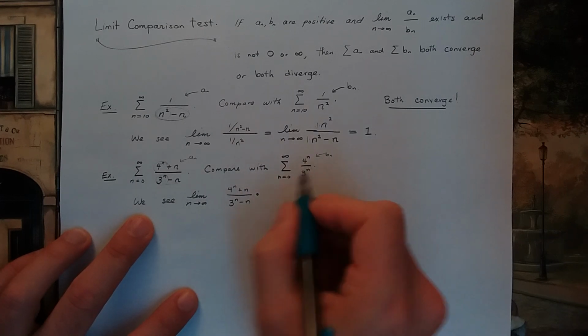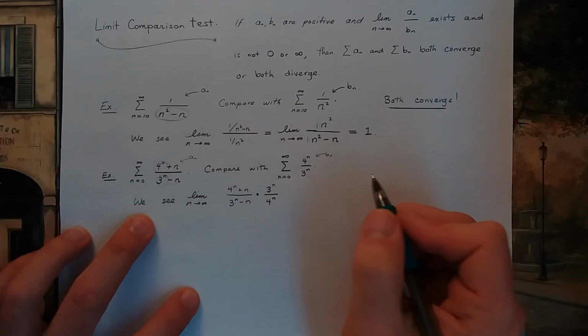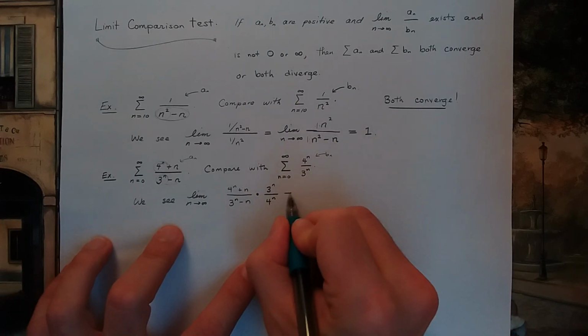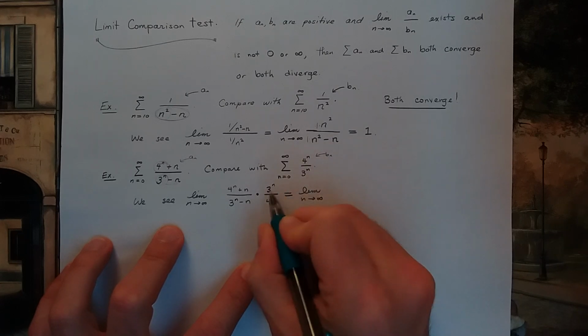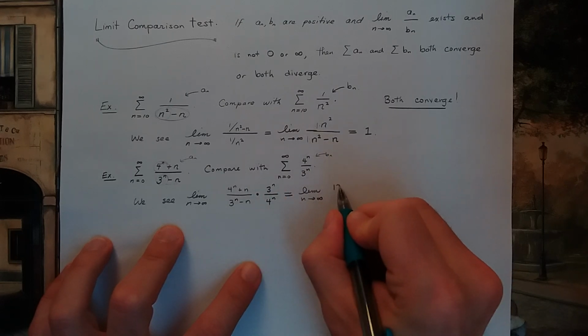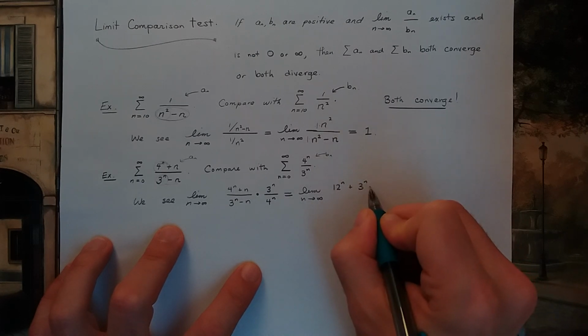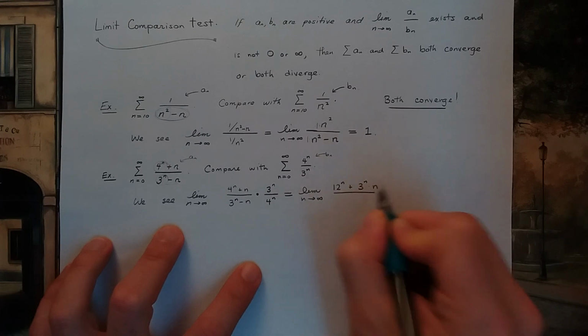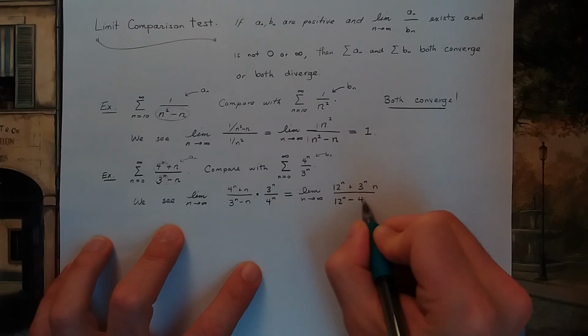When you divide, you flip and multiply: 3^n over 4^n. So this is the limit as n goes to infinity. I think I would get 12 to the n plus 3 to the n times n over 12 to the n minus 4 to the n.